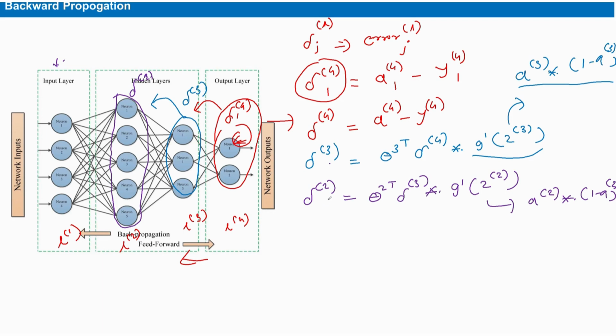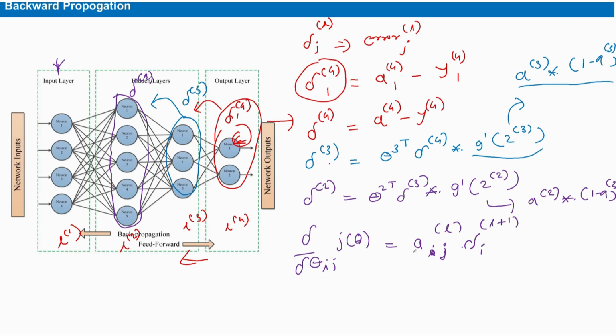Once you compute all these deltas, then the partial derivative with respect to theta ij for the cost function gets computed as the activation of the jth neuron inside layer L, into the matrix multiplication with delta of the ith neuron inside layer L plus 1.